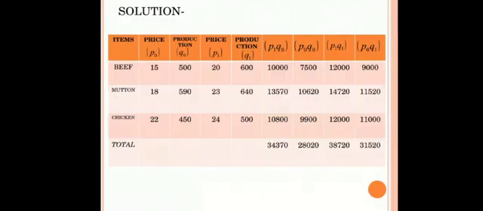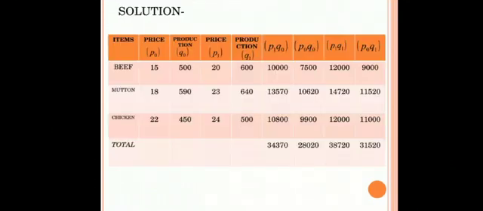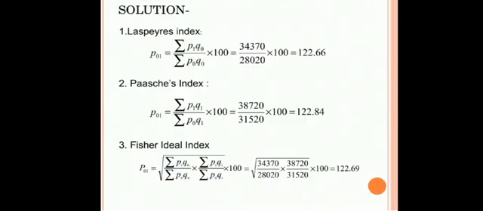Solution: calculate the price and quantity for the base year P0 and Q0 and the current year P1 and Q1.